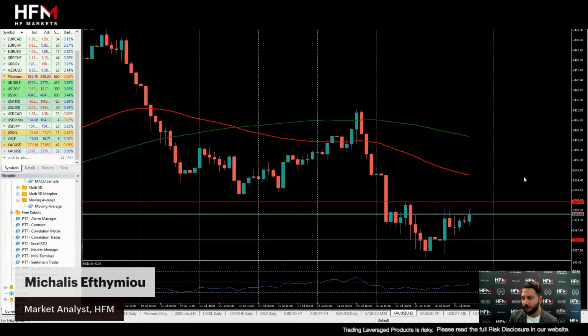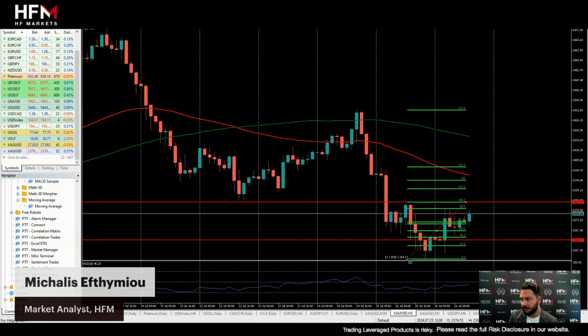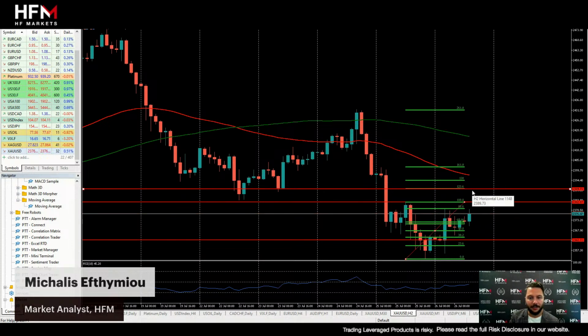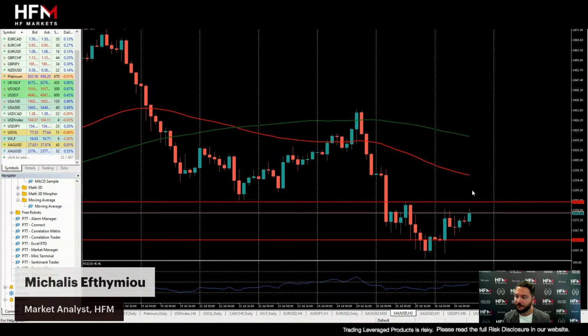What people can also do, if we do get that upward breakout, is look at our Fibonacci areas. These larger Fibonacci areas are too far away for short-term trading, if people want to look at short-term. But again, you can look at Fibonacci, which gives you the 123.6 here. That's a potential first target to take into consideration.